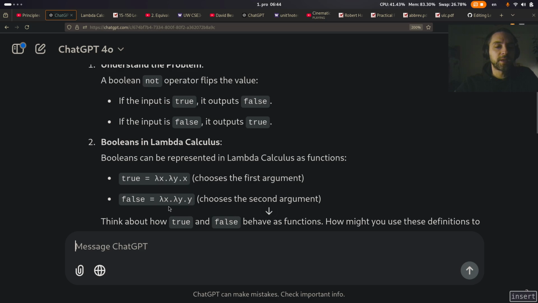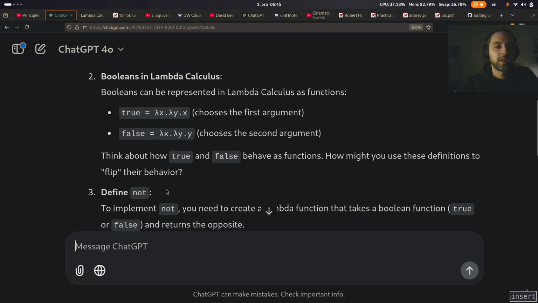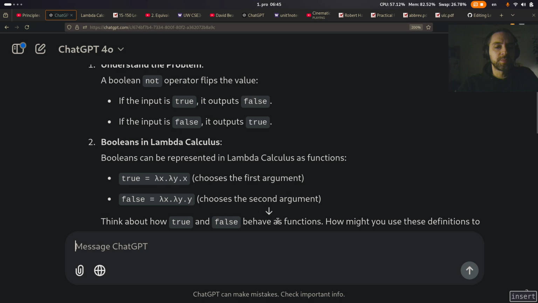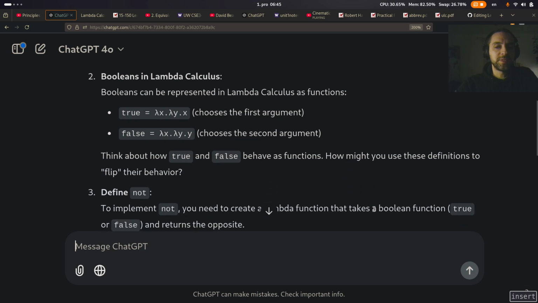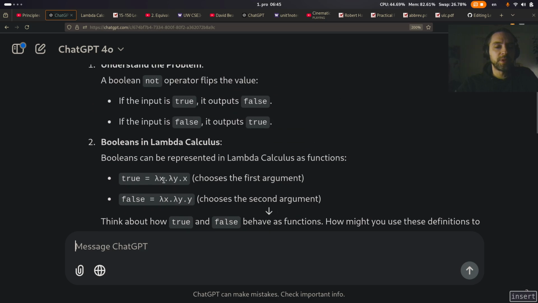False: lambda x, lambda y, y. That's what we did. Think about how true and false behave as functions, how you can use these definitions to flip their behavior.